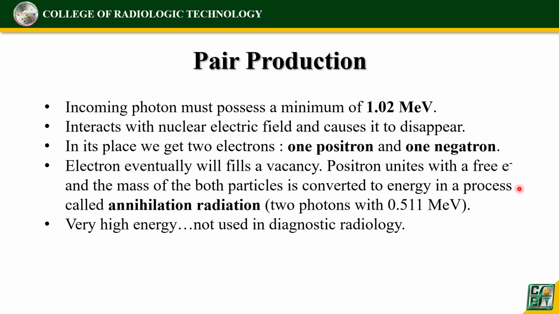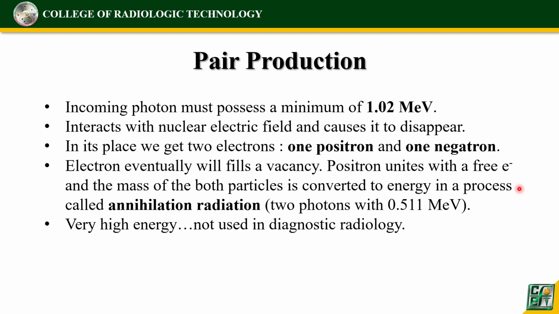Okay? It possesses a minimum of 1.02 mega electron volts. Kapag sinabing mega, ano ba siya? 1,000, 10,000, 100,000, 1 million, 10 million, 100 million. Ano ba ang mega? 1 million. 1 million. Okay.